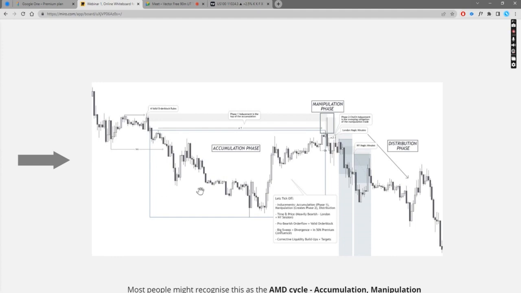So in this case, we just circled up a kind of AMD phase, which some of you probably know, but we swept here, we had that breaker structure, we had that imbalance in there, okay? Here, at this point, it's the start of that mitigation chain, okay, up here. So that's our phase 1 inducement, and we pull that out, okay? Now this accumulation phase, at the end, while we have that push to sweep our mitigation inducement, we have that change of character, okay? Or market structure shift in this case, both work.